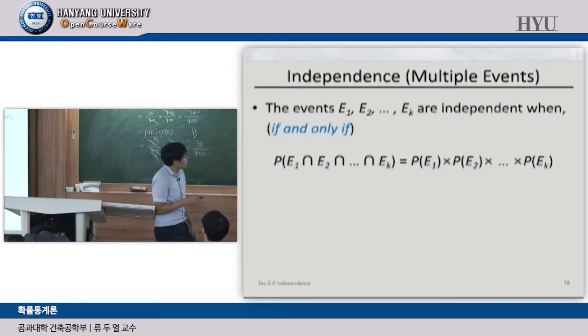The events E1, E2, blah, blah, blah, EK are independent if and only if the probability of the intersection of E1, E2, EK equals the multiplication of each probability. So if you obtain this relationship, we can say that the events from E1 to EK are independent, okay?